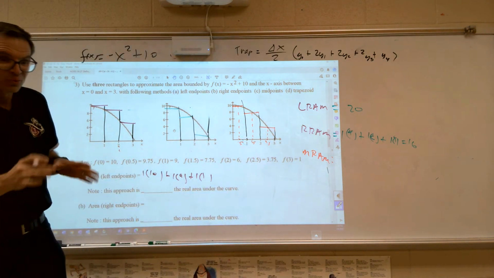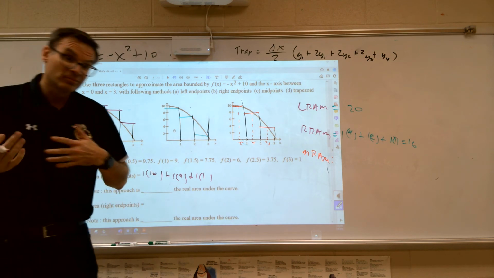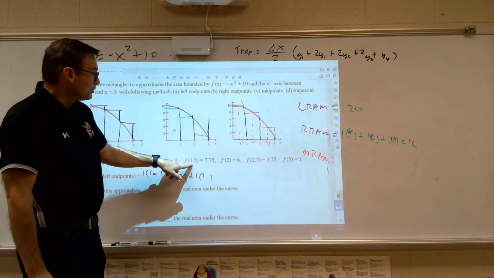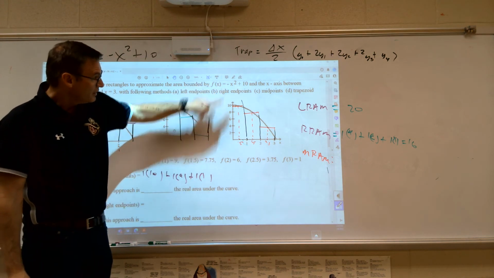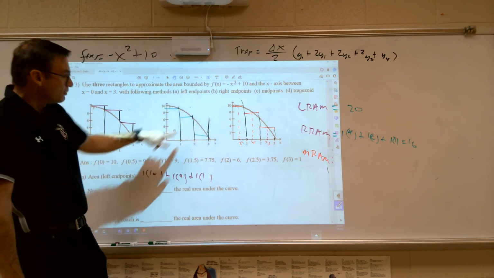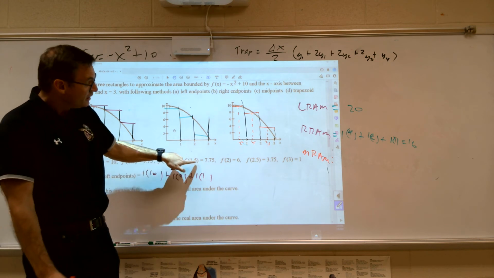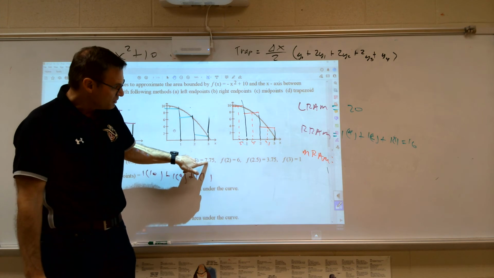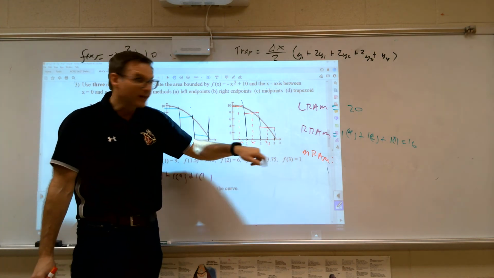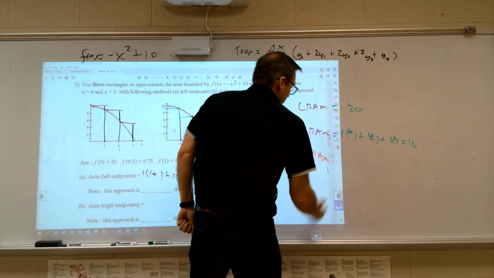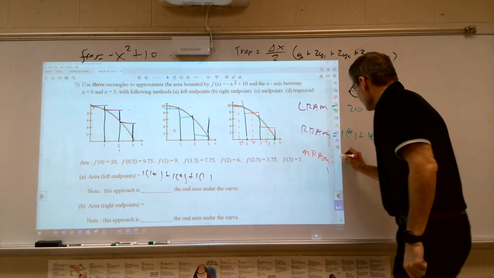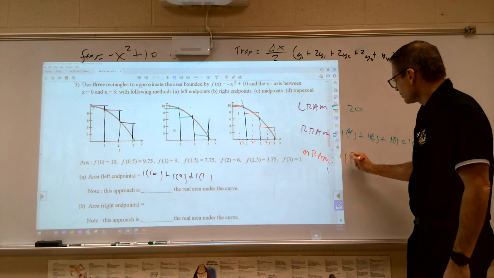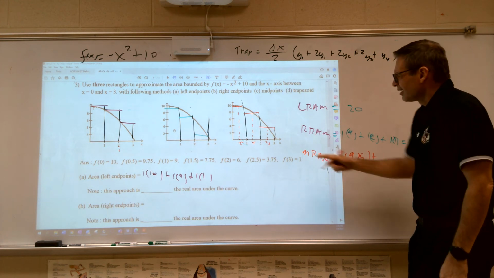And what I really like about what he's done, and actually what you'll have to do, is you have to plug 1.5 into this function. And he's done that. He's plugged in 0.5 into the function, and that's where you got the 9.75. He's plugged 1.5 into this function, got the 7.75. He's plugged 2.5 in and got that. And so it ends up being, this is a 1. Base is 1, the height's going to be 9.75.